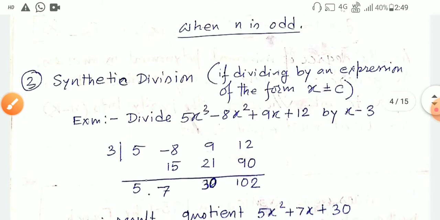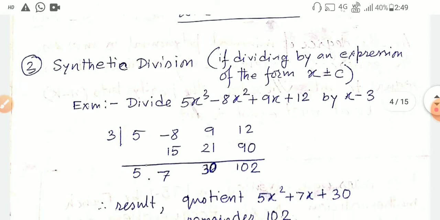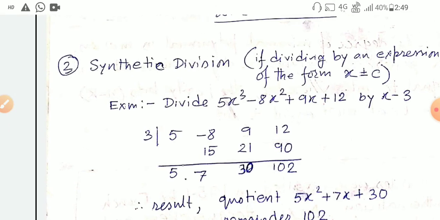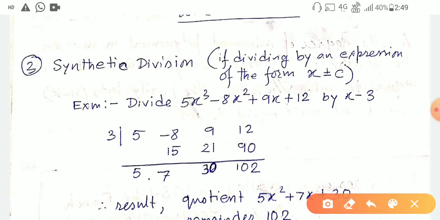And synthetic division is the process by which you can do this. As an example, you want to divide 5x cube minus 8x squared plus 9x plus 12 by x minus 3. How can you do this?